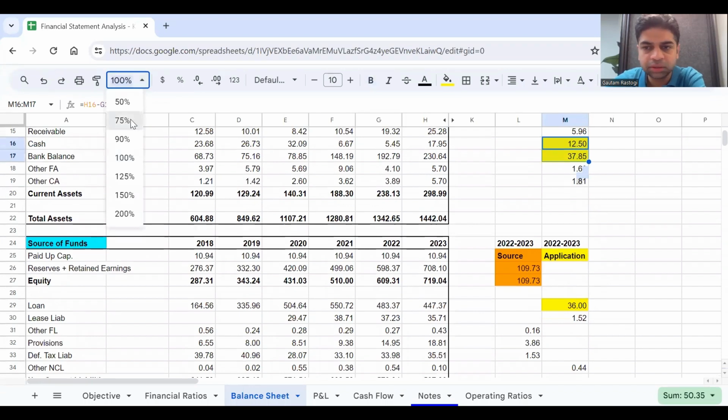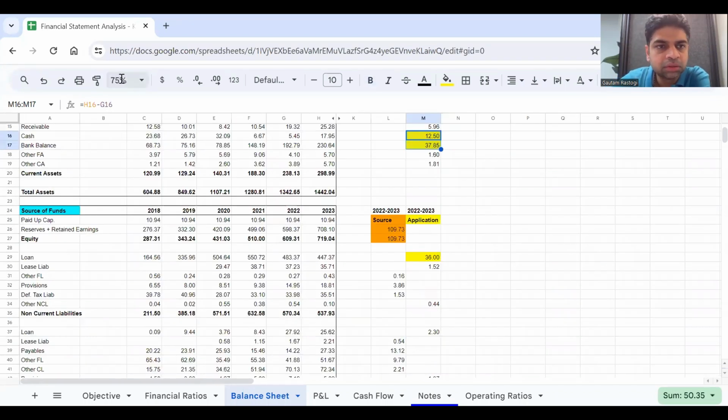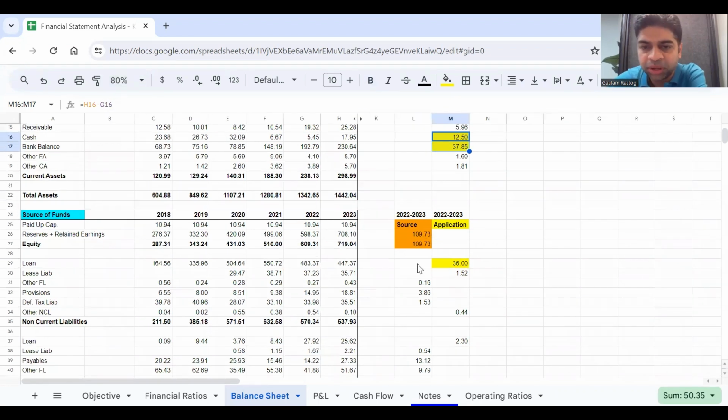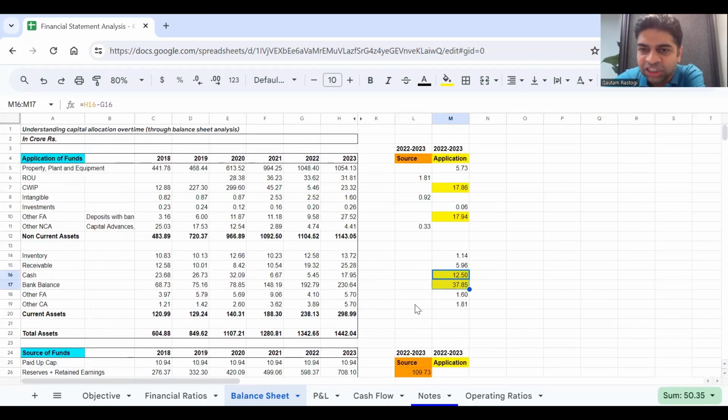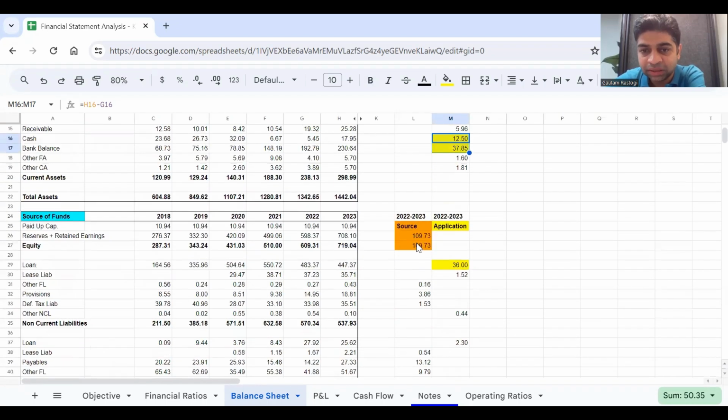All right. Let me make it 80. All right. Okay. So if you see, let's first take a look at the orange cells. So if you see, I'm not concerned with that. This is total. All right.